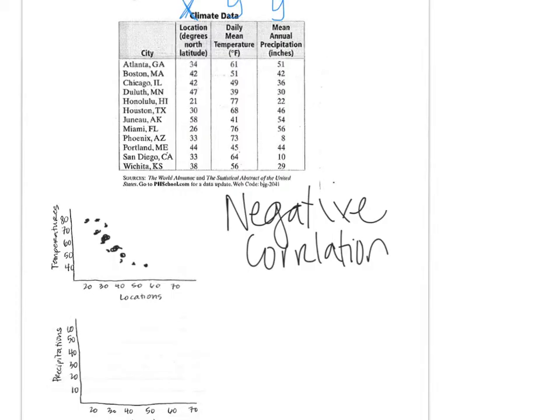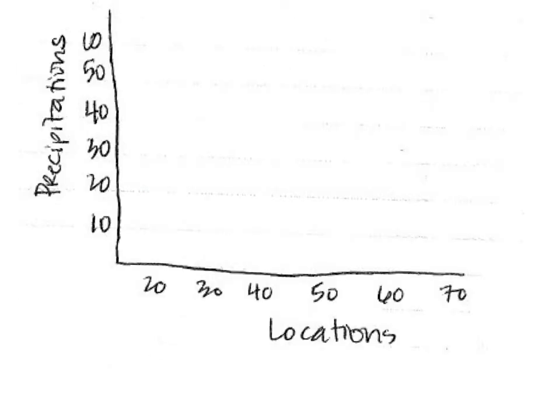Okay, we're going to go ahead and graph the second one for the sake of me making this a little bit larger and easier to see. You can't see the table on my video, but you can see the table on your notes. So we are going to start with Atlanta.